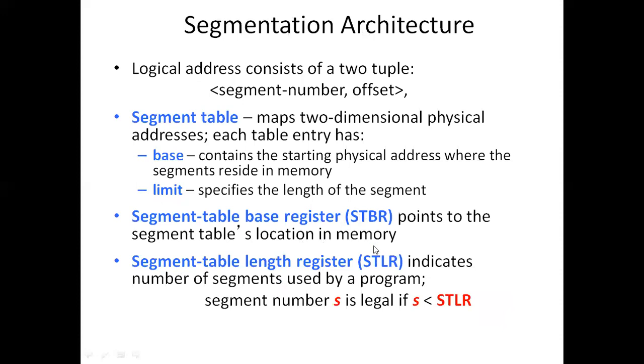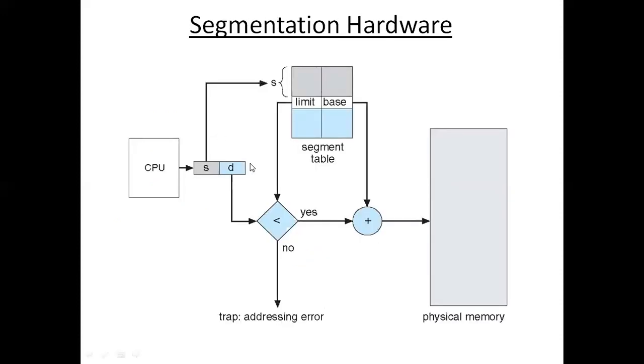Then you check whether the offset in the logical address is less than the limit, since the limit is the size of that segment. If yes, add it to the base register value, and that gives you the physical address of the segment you are looking up.